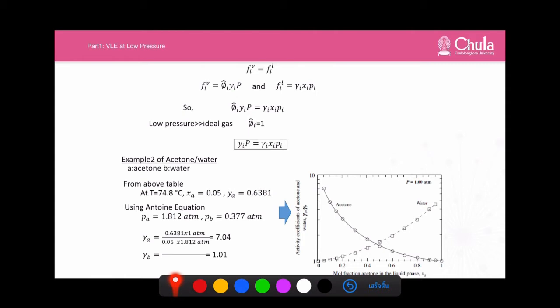So we can calculate all activity coefficients, the activity coefficient of acetone and water. You see that the activity coefficient of acetone in this system changes with the mole fraction of acetone in liquid phase.